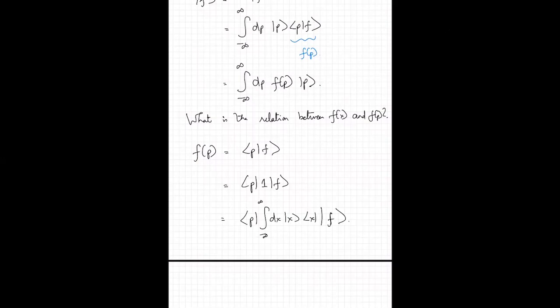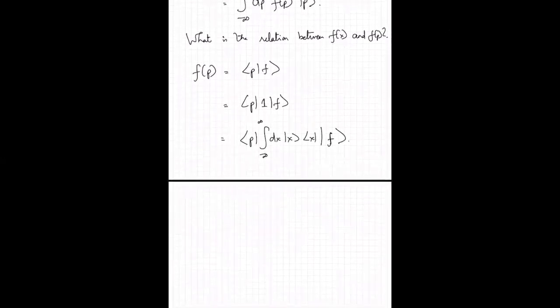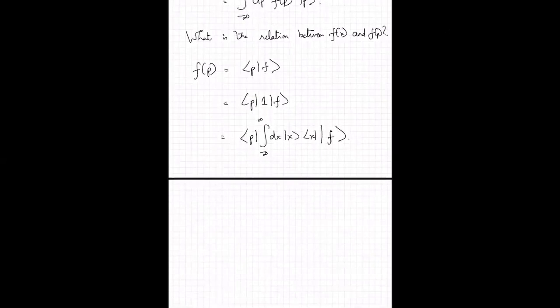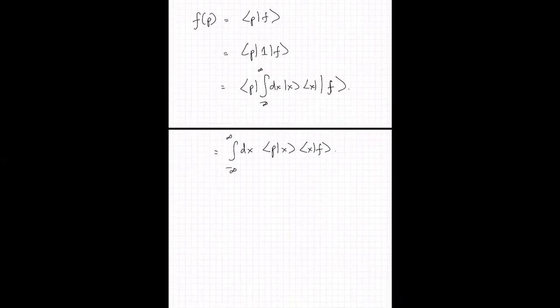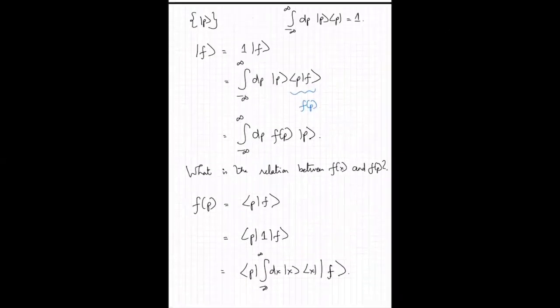Okay, so I'm simply inserting 1, and I'm inserting a complete set of position eigenkets. So I can pull out the integral dx, and I will write this matrix element as <p|x> and <x|f>. Okay. Now let's be a little careful with the signs.